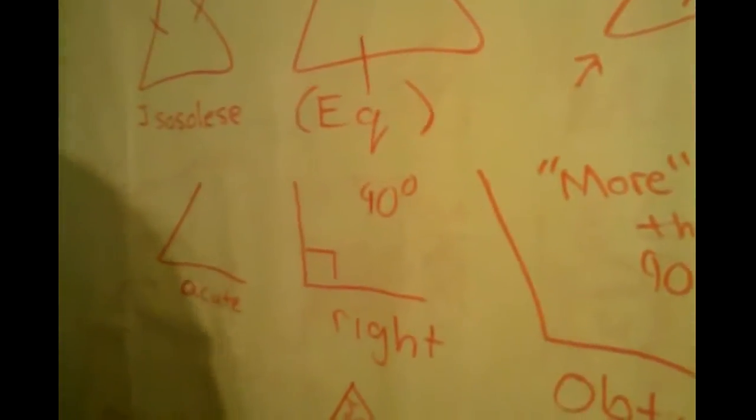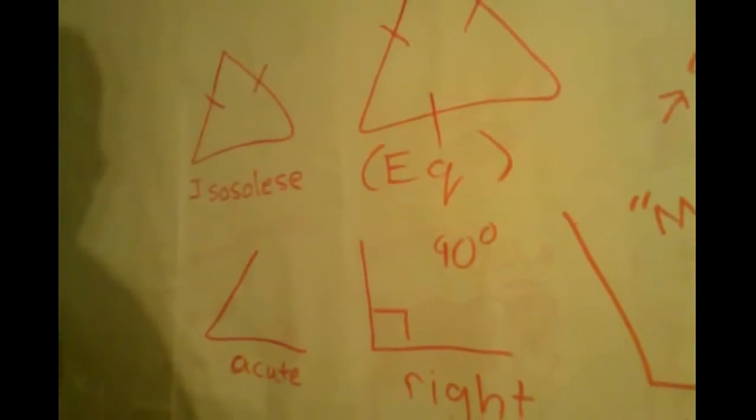Quincy, come to the front. Now, out of these 3 angles, which one is this triangle? This one. That would be incorrect.